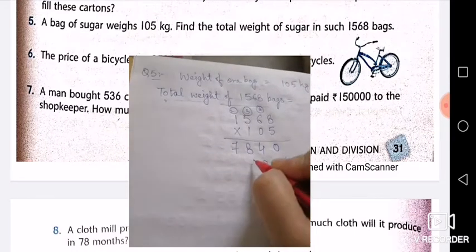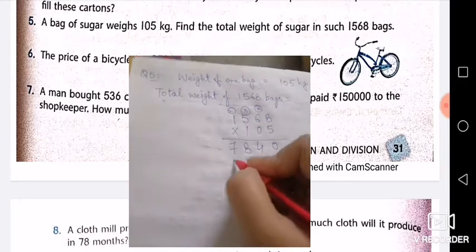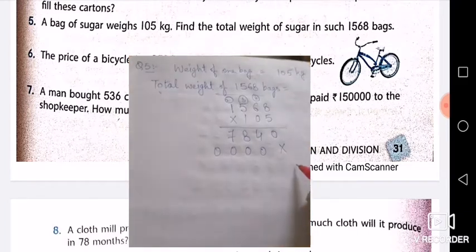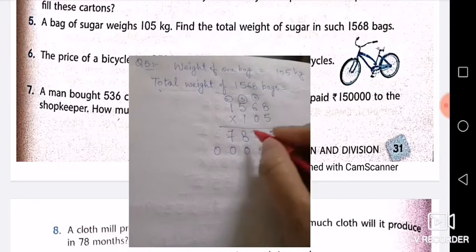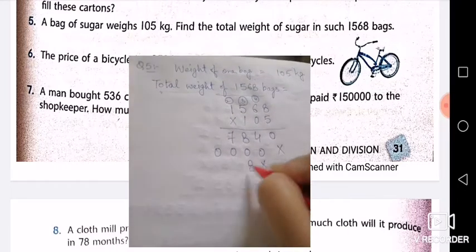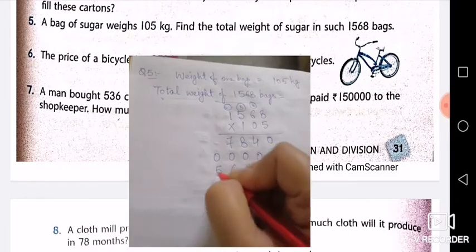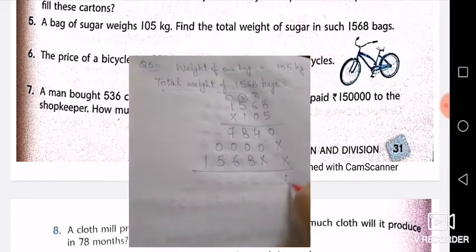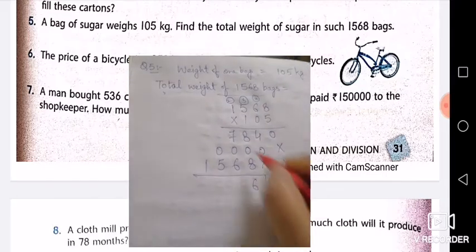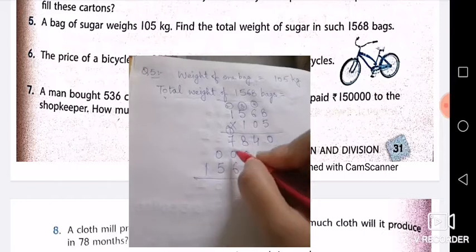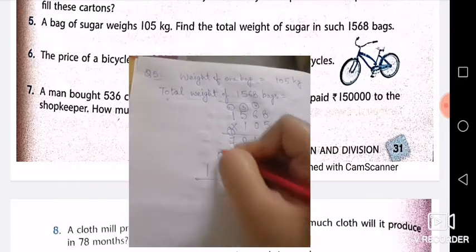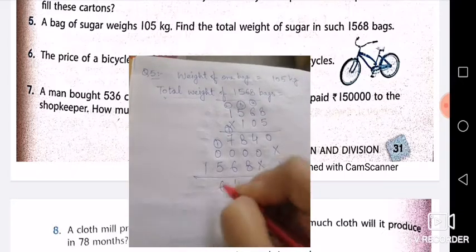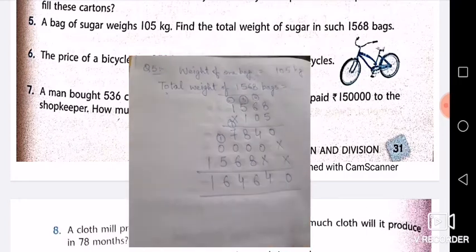So 0 8s are 0, 0 6s are 0, 0 5s are 0, 0 1s are 0. Then we'll put a cross. Now 1 8 is 8, 1 6 is 6, 1 5 is 5, 1 1 is 1. Then add them up.